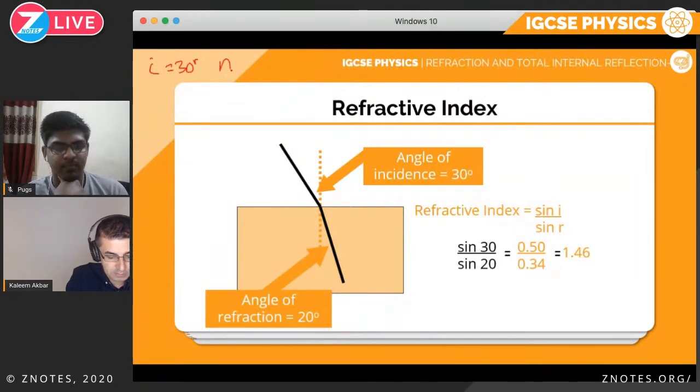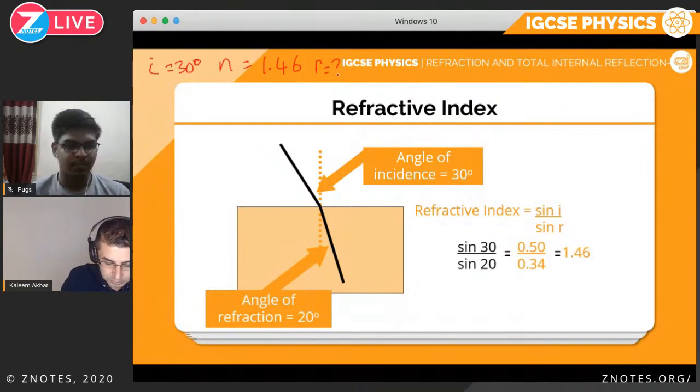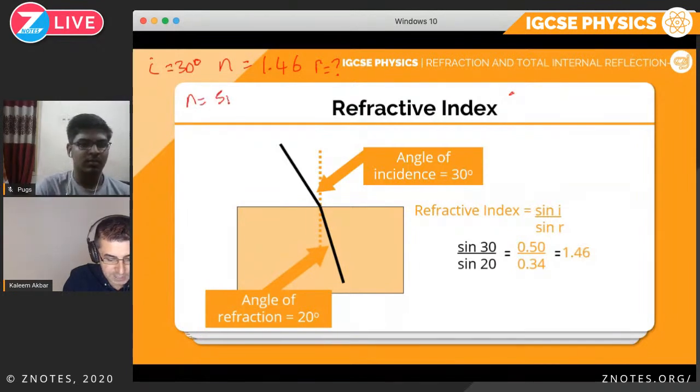We know N, which we just found is 1.46. Let's pretend I'm being asked to find R. I know you've got the answer already, but here's what we're going to do. I'm going to have to write in the corners here because I've got a space here. So N equals sine I over sine R.